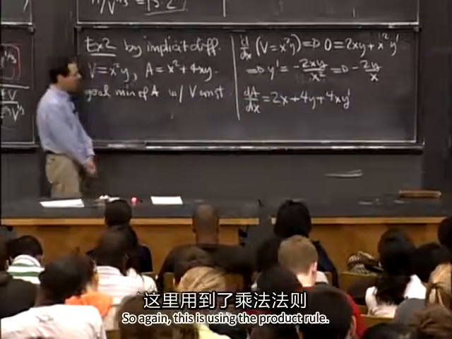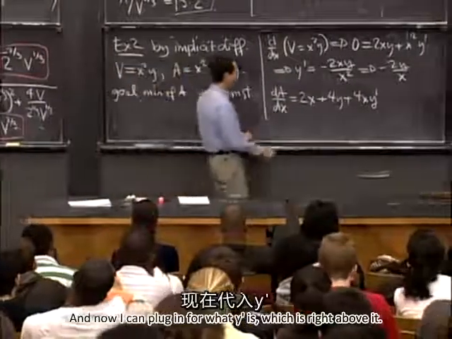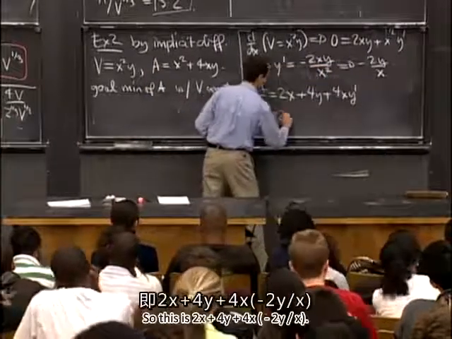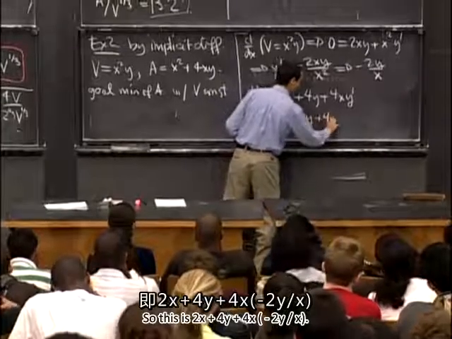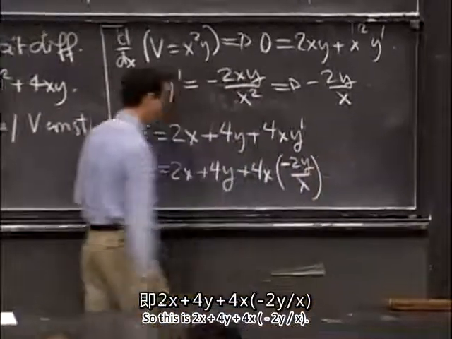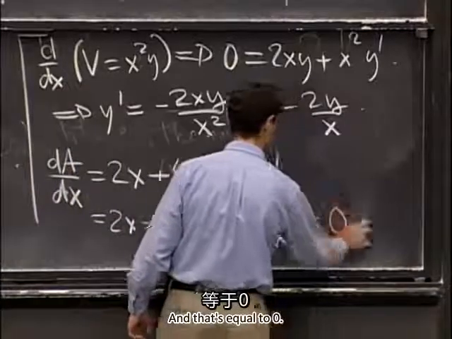So again, this is using the product rule. And now I can plug in for what y prime is, which is right above it. So this is 2x plus 4y plus 4x times minus 2y over x. Okay? And that's equal to 0.